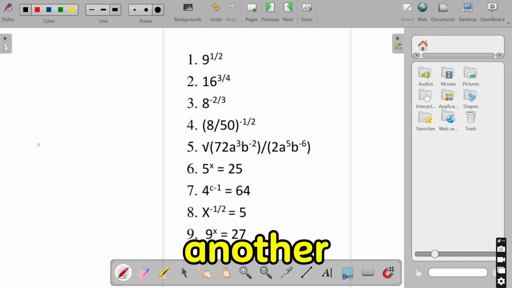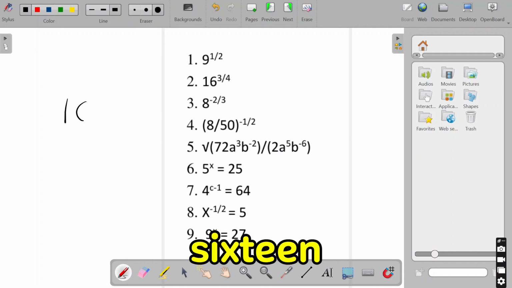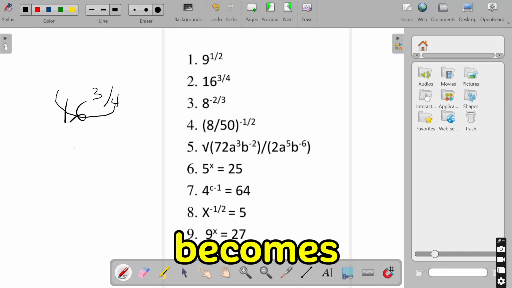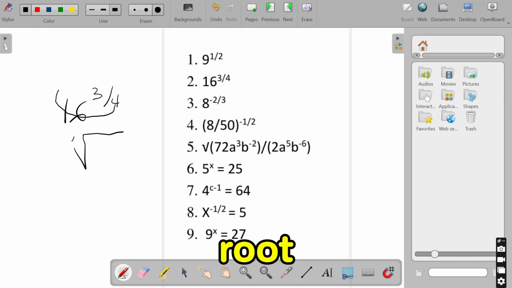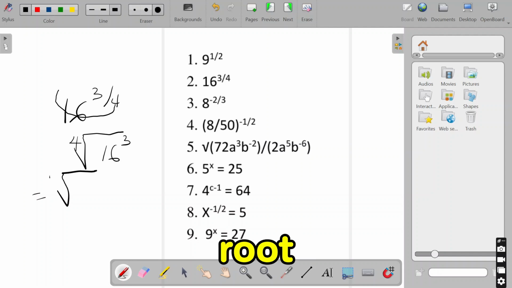Let's quickly solve another. We have 16 raised to the power 3 over 4. What does this mean? This 4 comes to the left hand side and becomes a root automatically. So it becomes the 4th root of 16 raised to power 3, which is the 4th root of 16 times 16 times 16.